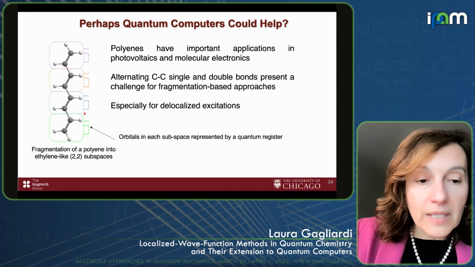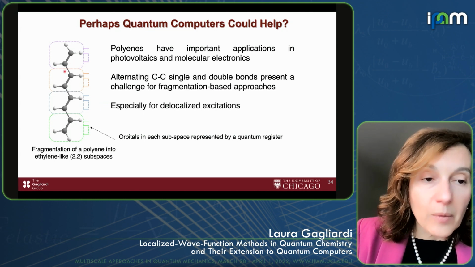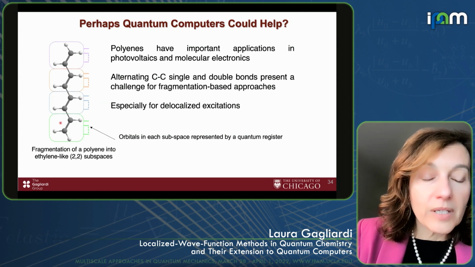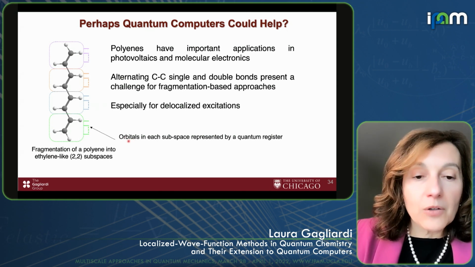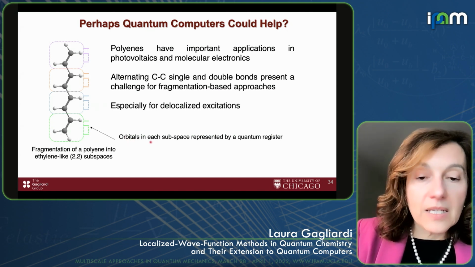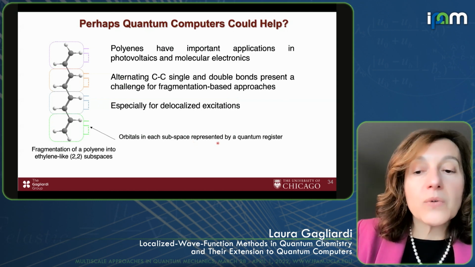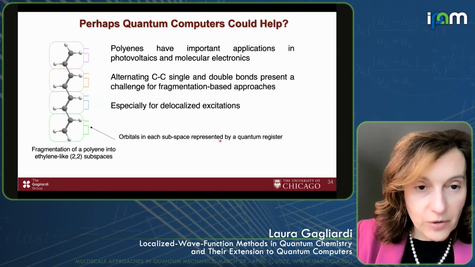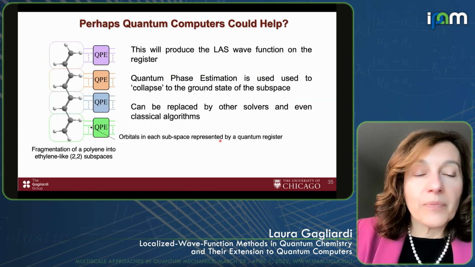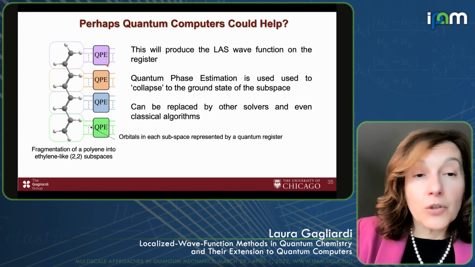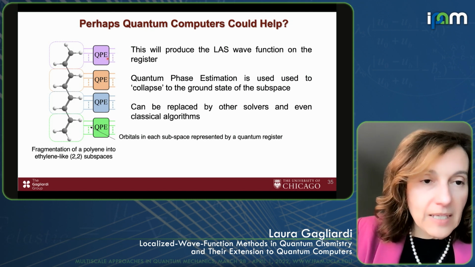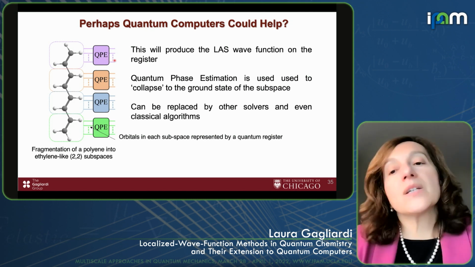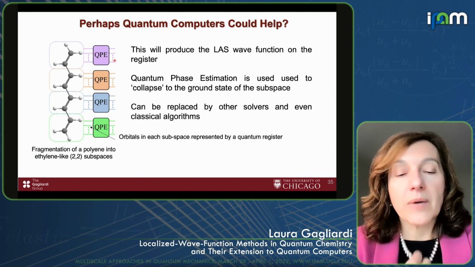One could think, if we divide it up in these fragments where we have a double bond in each subspace, about representing the orbitals in each subspace by using a quantum register, and for example, QPE. This will basically be used to produce a LAS wave function on the register.